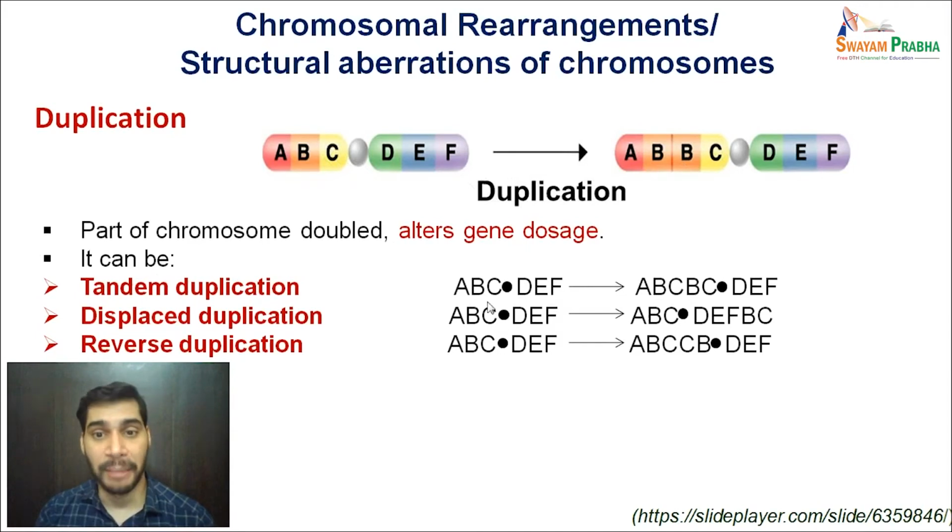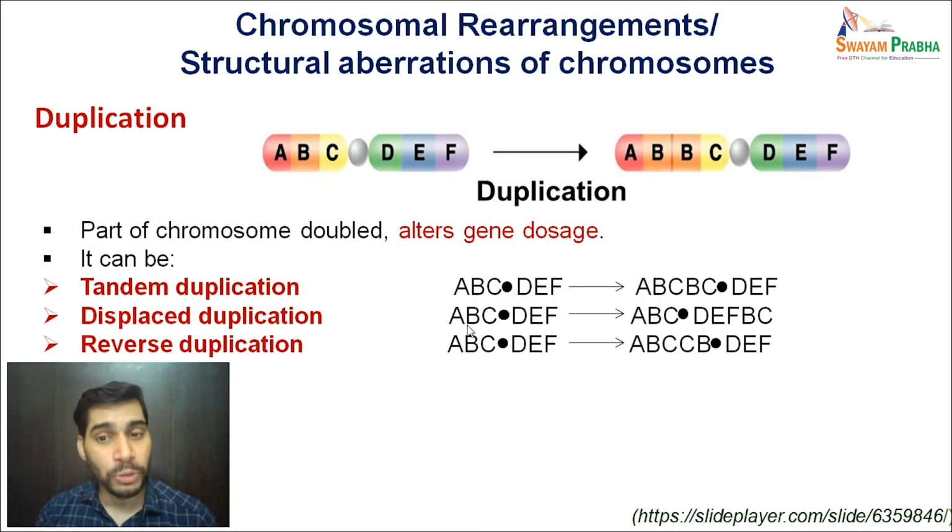For example, if it is ABC and this dot is representing the centromere here and then DEF. Let us say the BC part has duplicated here. So ABC, BC, that means it is tandemly after this one. So it has duplicated and joined tandemly. This is called tandem duplication.